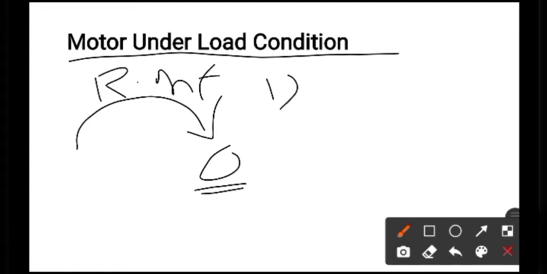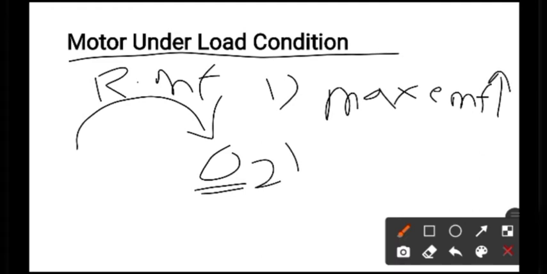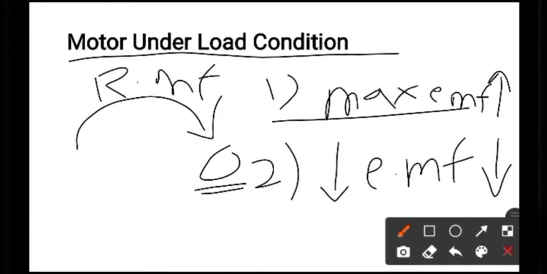When the conductor is stationary, flux cutting between the rotating magnetic field and the conductor is maximum. Therefore, EMF induced in the conductor is maximum. In the second case, consider the rotor conductor is rotating. Therefore, flux cutting is less and EMF induced in the conductor is also less compared with the first situation.